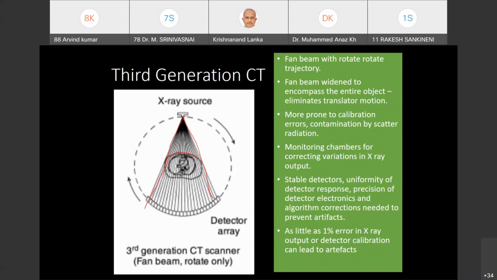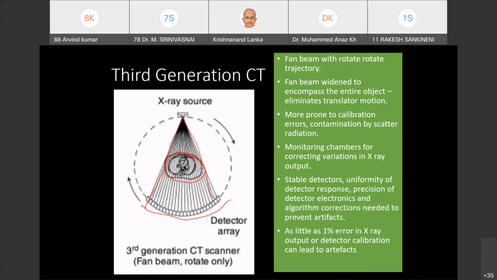Let us say this is the skull, and it is able to cover the entire thing. So here he has increased the number of detectors, right? Detector array, using stable detectors and monitoring chambers, so they ended up getting this.